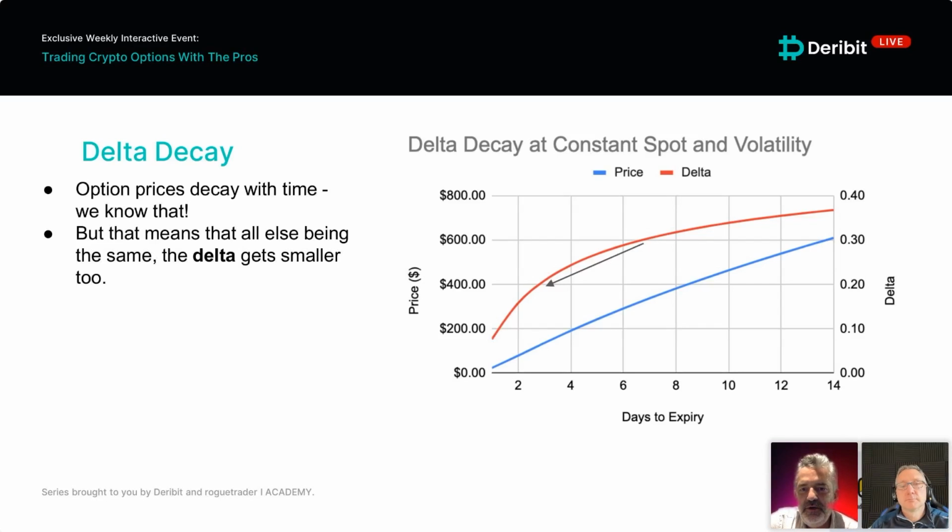You can see that over 14 days, if the market doesn't move, and again it's 50 vol, that option price will decay per day all the way down to zero as time expires. The red line is the delta of that same position, assuming again the market doesn't move. And do you notice how the delta is also getting smaller as time passes?